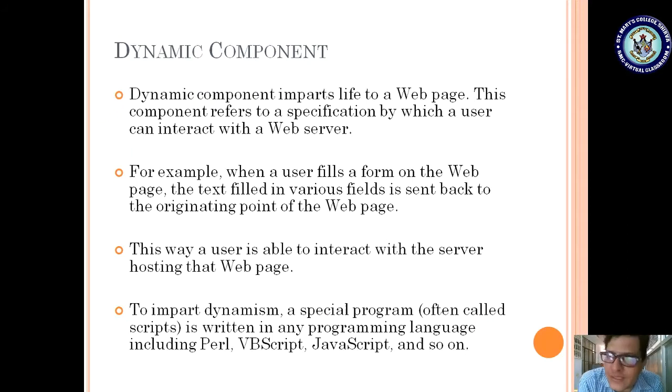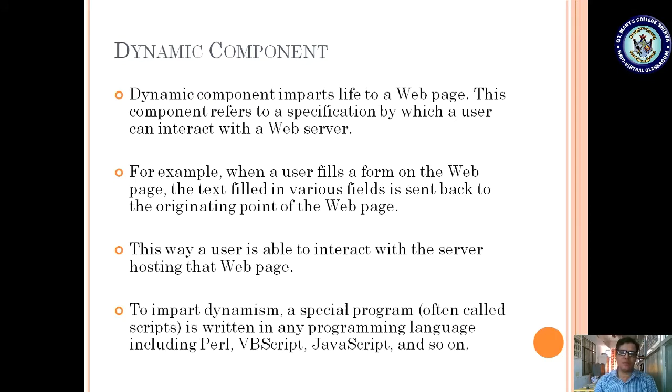So whoever hosted that web page will get your data, whatever data we have fed. This is the way a user is able to interact with the server hosting that web page. Whoever developed that web page can get our data because they are hosting that web page, right?